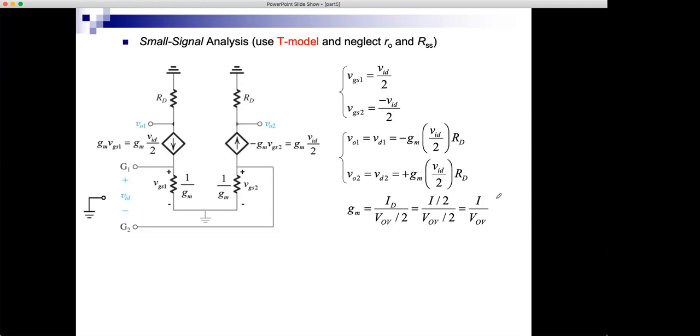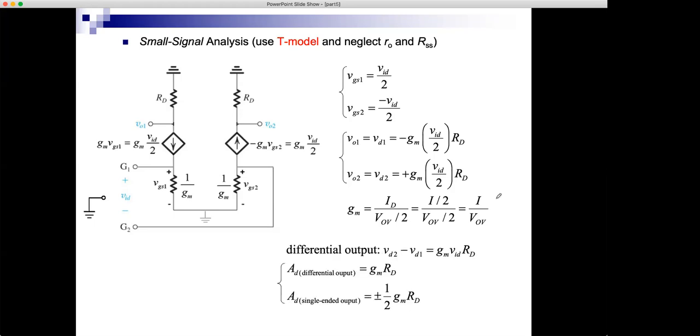So are we amplifying then? Of course. If I take the output from one drain, then let's say VO1, what is the gain in this case? This is the difference that I want to amplify, and I get a gain of minus 1/2 GM RD.